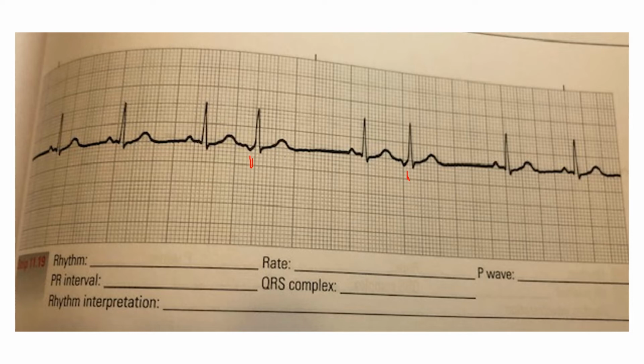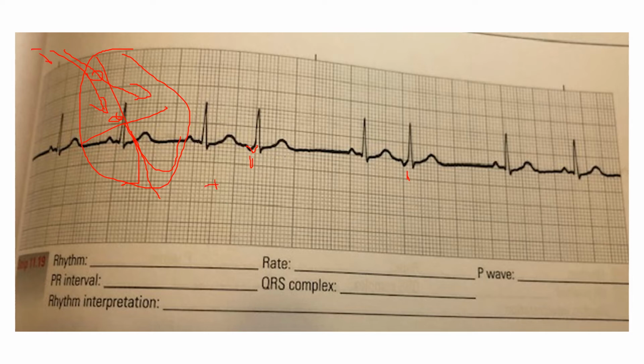So these P waves are inverted, so these would be coming from the atrium in the junctional area. Again, they have to go in the opposite direction of a normal P wave. If you have your heart with your SA node, your AV node, and your bundles, normally the direction of the conduction from the SA node goes from negative to positive.